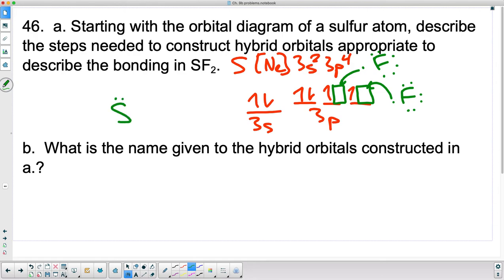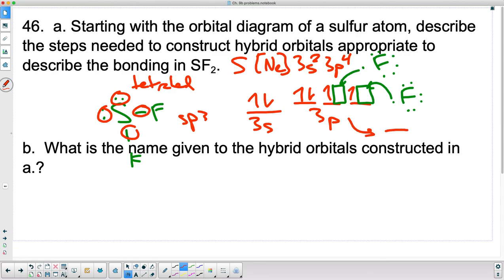If I'm going to draw the Lewis structure for SF2, it would look something like this. I would count 1, 2, 3, 4. That would give me tetrahedral. Okay, tetrahedral means sp3 hybridization. That means that these two here, the s and the p, would combine to form 1 s and 3 p.